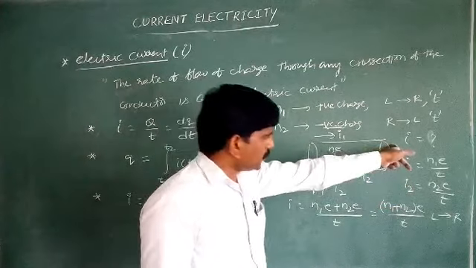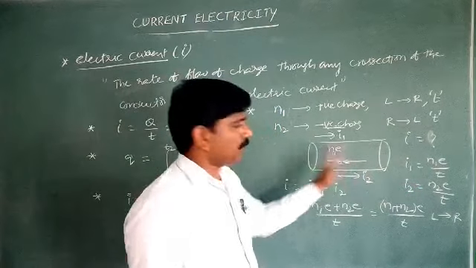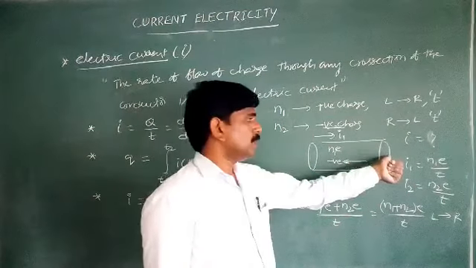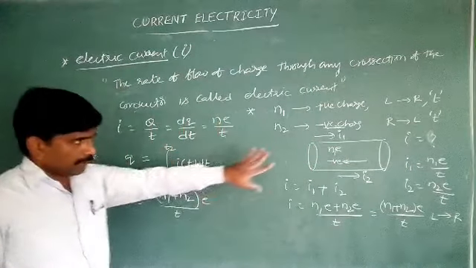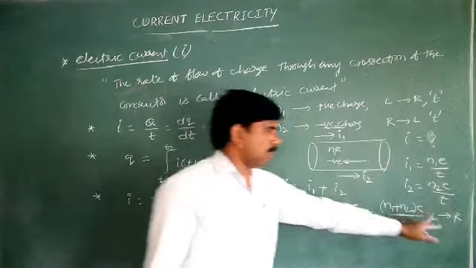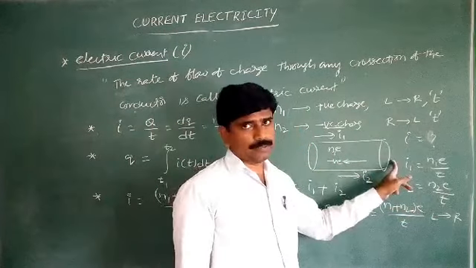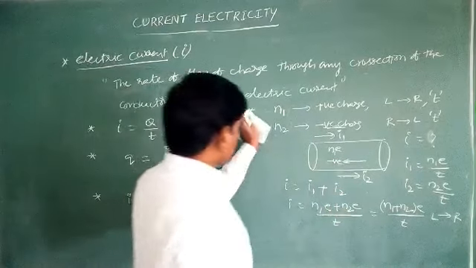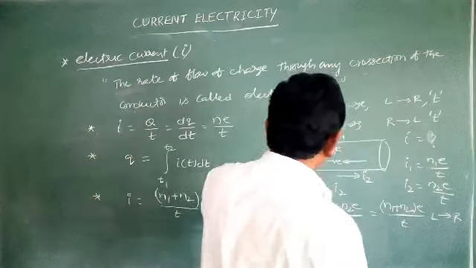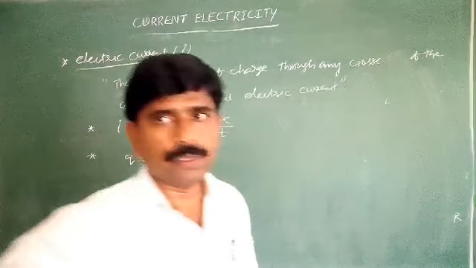In case positive charges are moving in this direction and negative charges are moving from left to the right, the current direction is from right to the left. From this situation, the direction of the current is from left to the right.